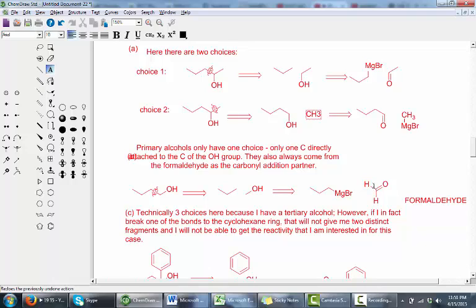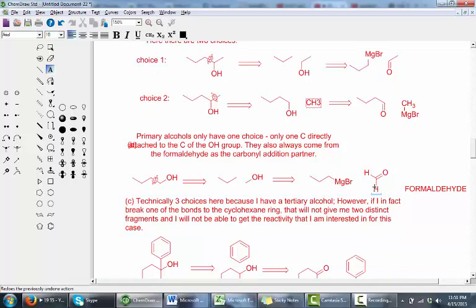This is formaldehyde. Primary alcohols come from the Grignard reaction of formaldehyde with some kind of alkyl compound. So if my product is a primary alcohol, my carbonyl is always formaldehyde. One of the most common mistakes is that people don't really like having this formaldehyde in their reaction, and they tend to assume mistakenly that the carbonyl compound has more carbons than it does.